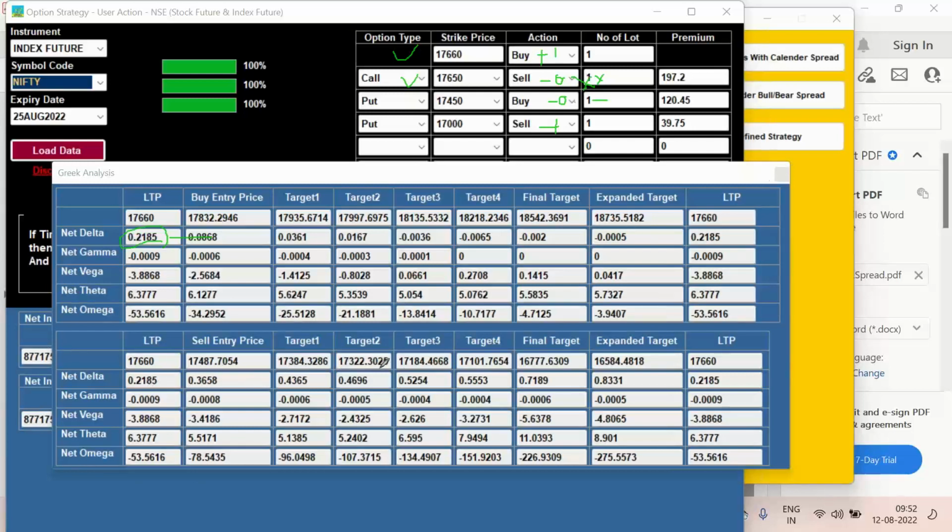Once the delta is increasing, we are getting into the losses. So delta increments are loss contributors, and when the delta is reducing, we are in profit. This is what you will be reading from this table.